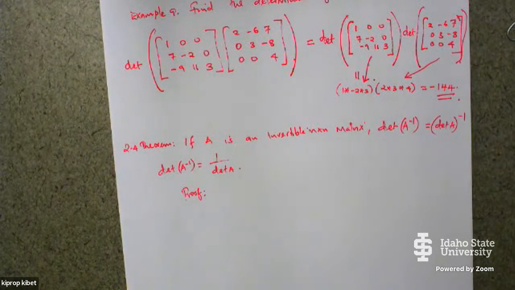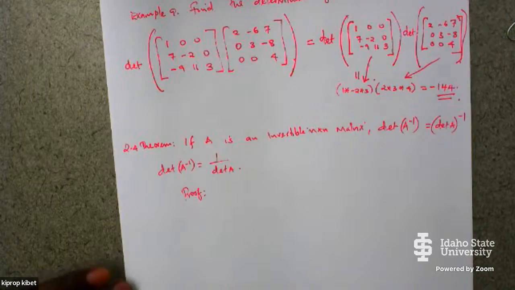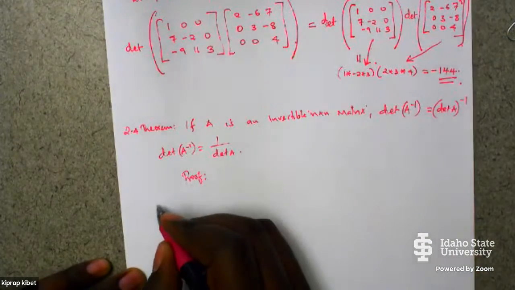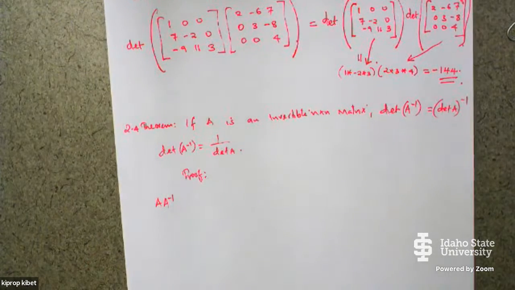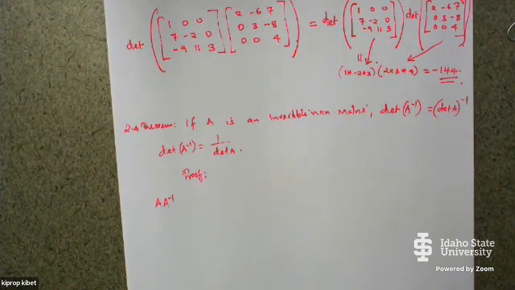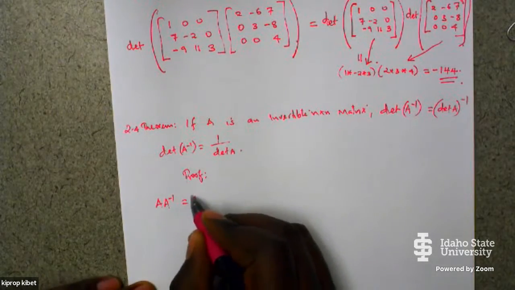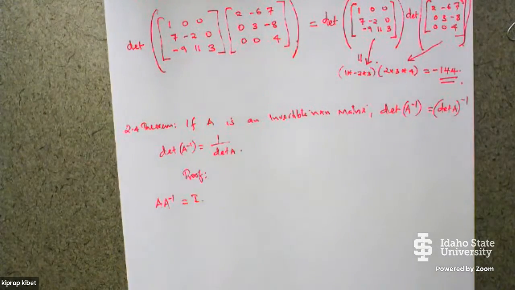Now, using the inverse method, if we multiply the matrix A by its own inverse, what do you get? You get the identity matrix, right?